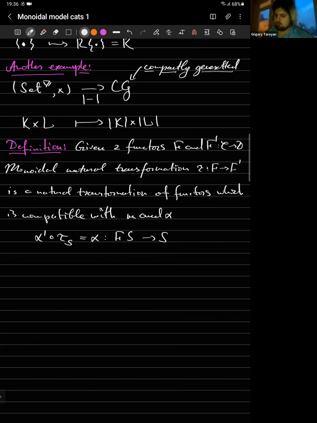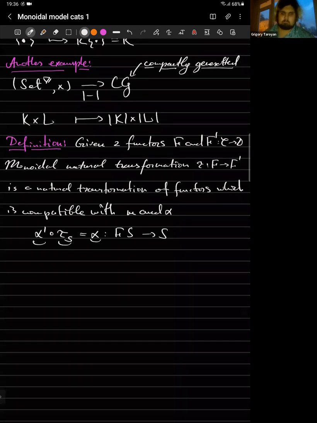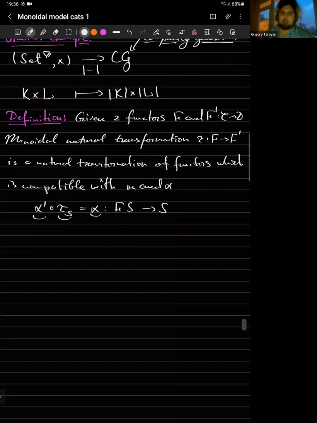So this is an isomorphism of units for the functor f prime. This is the natural transformation. This is an isomorphism of units for the functor f, and they should pass to one another after natural transformation. And for compatibility with M, we must have the following commutative diagram.